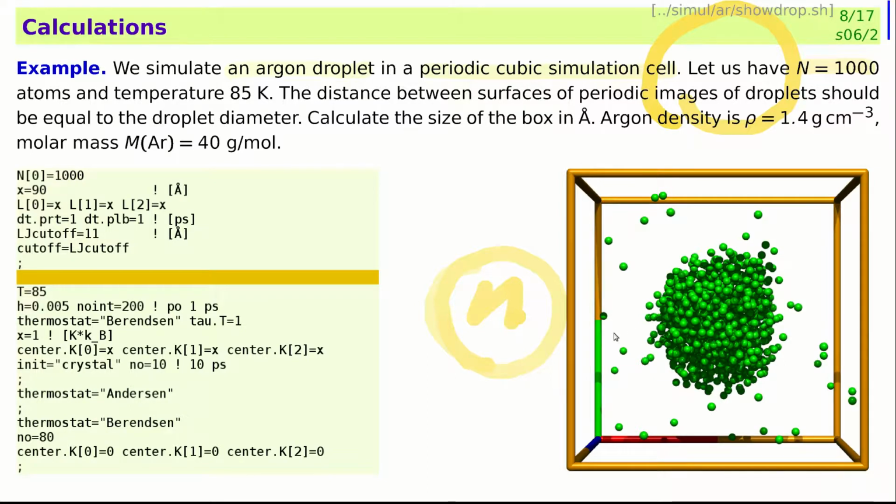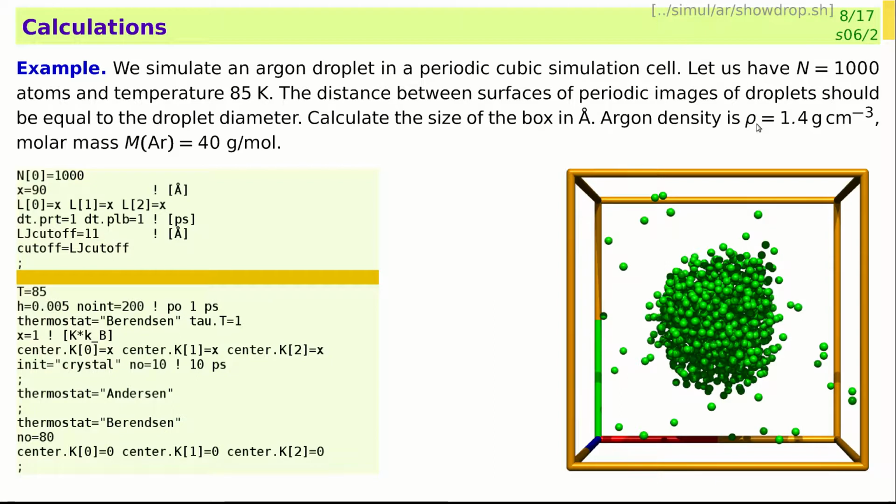So our condition will be that this droplet, considered approximately as a sphere, will be at a distance which is the same as the diameter of this droplet, so that it is far enough. So let's calculate now the size of the simulation box.